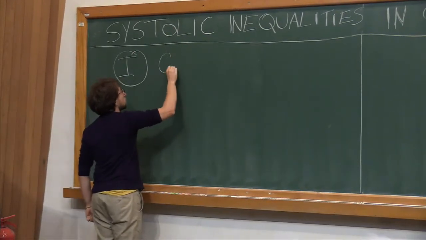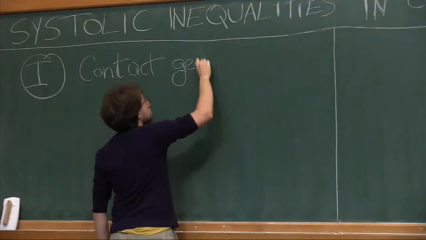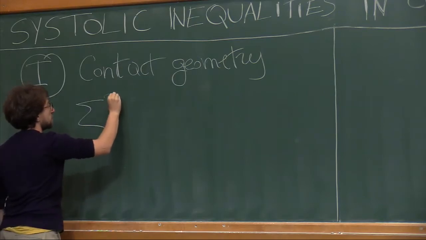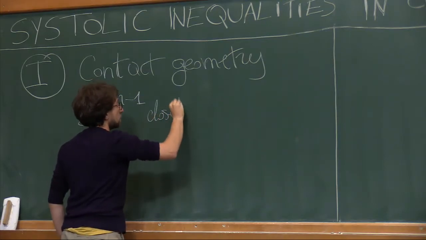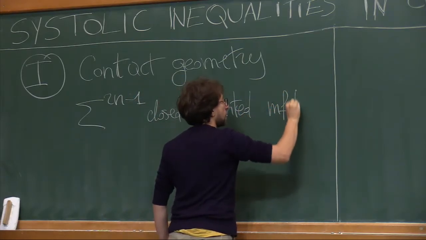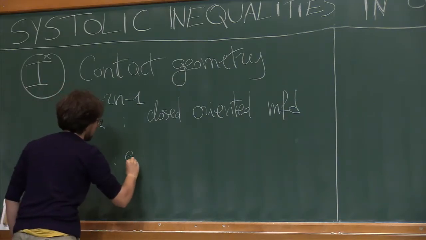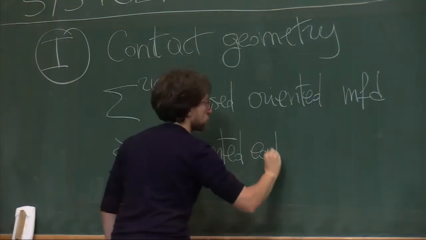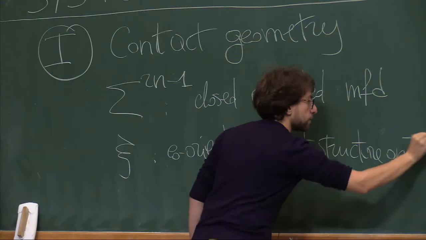So this is contact geometry. I consider Sigma, a manifold of dimension 2n minus 1, closed and oriented. On it, I consider a co-oriented contact structure psi on Sigma.